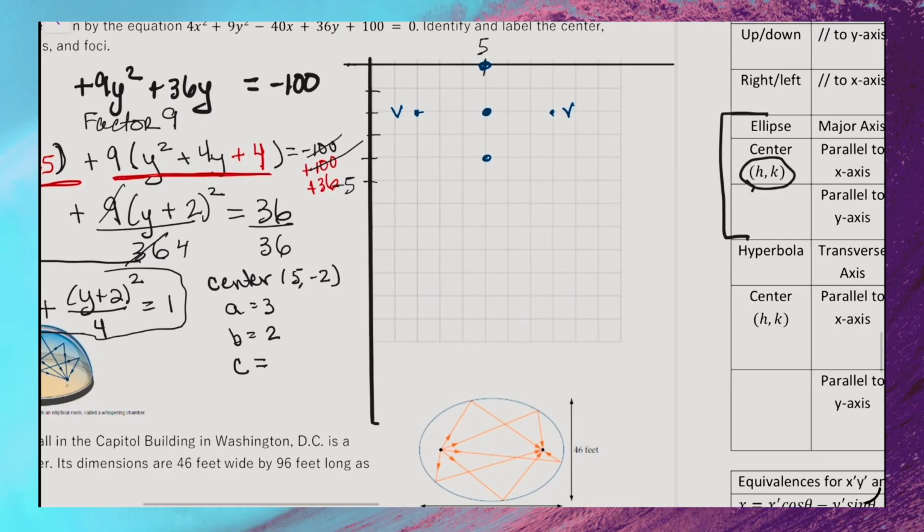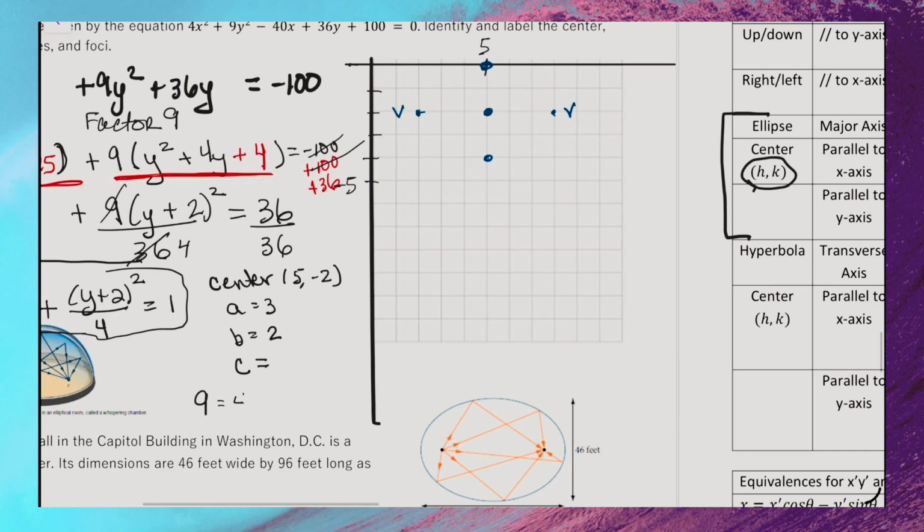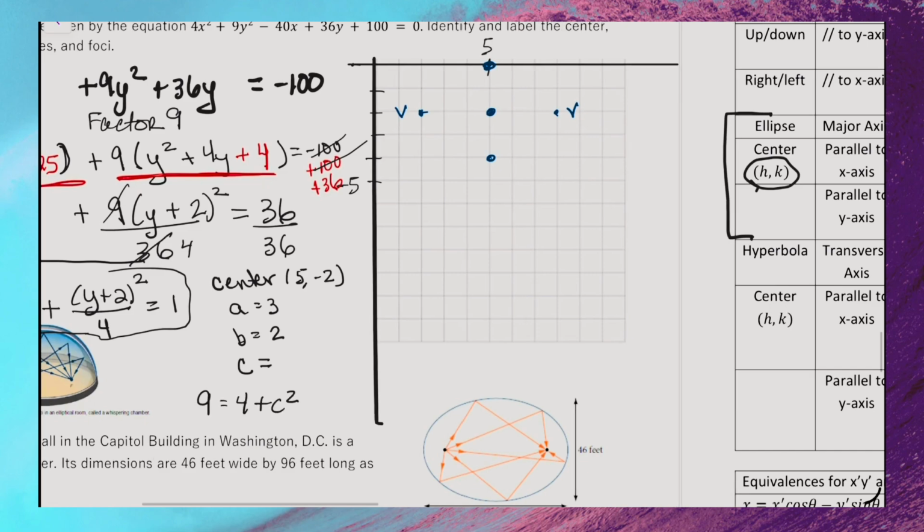So we would have 9 is equal to 4 plus c squared, which means c will equal the square root of 5. So square root of 5 is about 2 point something. So I'm going to go to the left and to the right that amount, and those are the foci points. I'm going to list them all, but first I'll draw it.